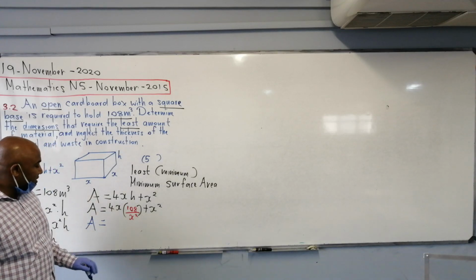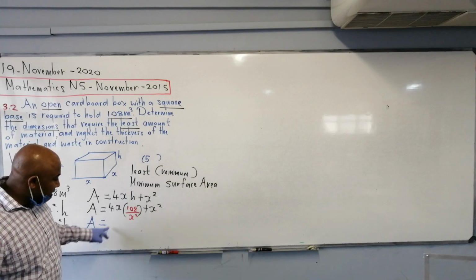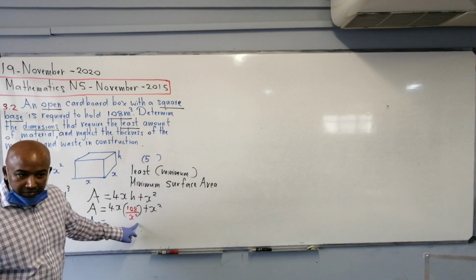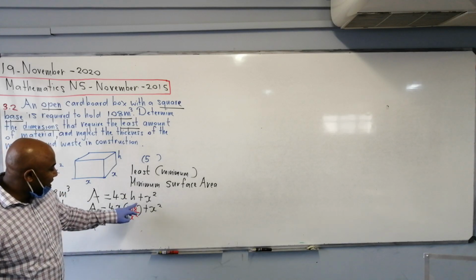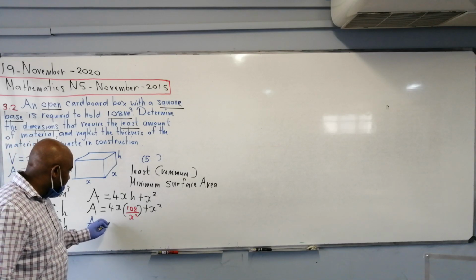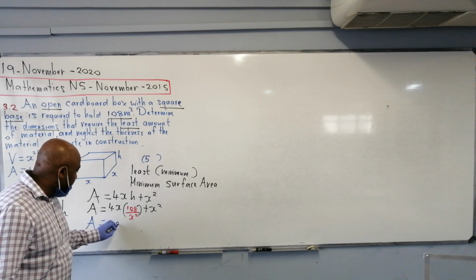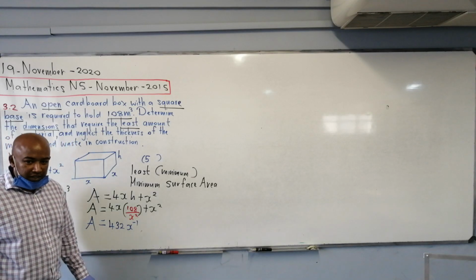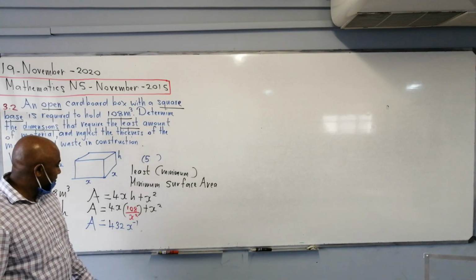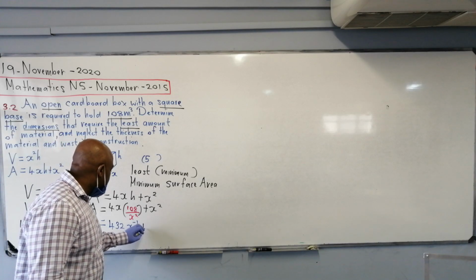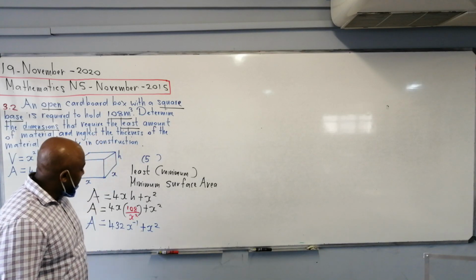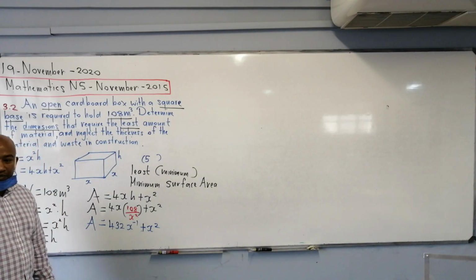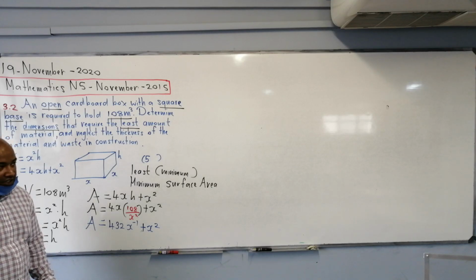So this x and x will cancel with x in the bottom, but we will take x to the top. 4 times 108 is going to be 432 x to the power negative 1. You're clear with that? And we got plus x squared. So that is the formula ready for differentiation.